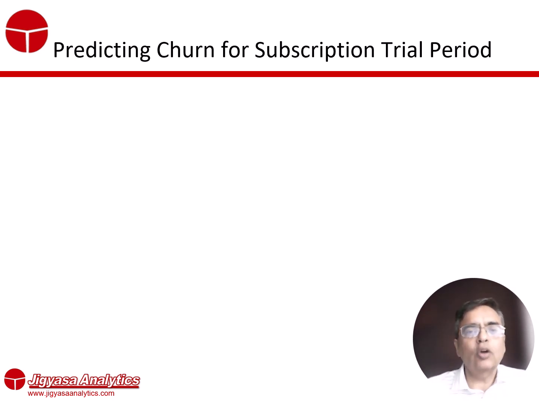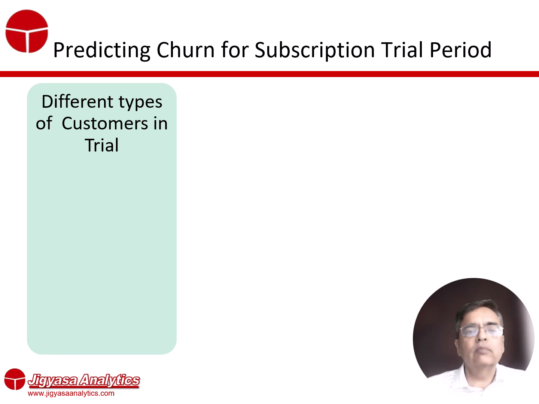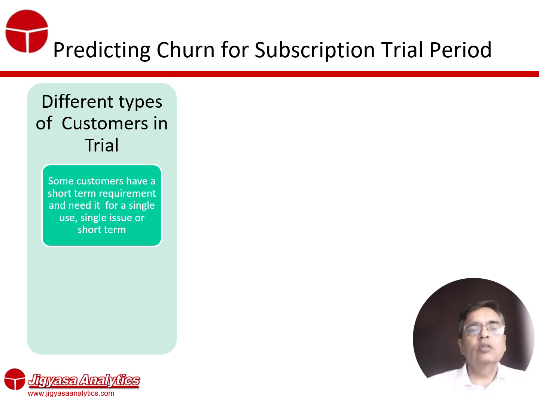Let us start talking about predicting churn for customers who are on a trial. There are different types of customers on trial, and again there might be more than two types, but broadly speaking there is one group that has a very specific requirement.